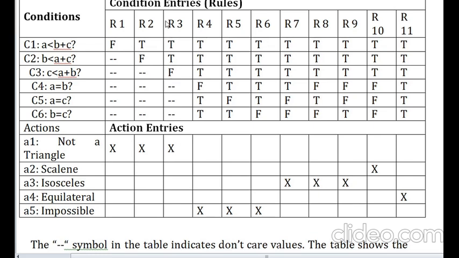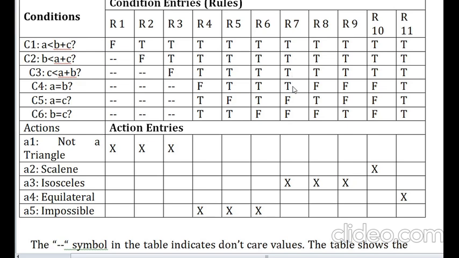We can skip R4, R5, R6, we can explain later. So come to R7: condition 1 is true, condition 2 is true, condition 3 is true. That means C1, C2, C3 are true, so definitely some form of triangle is formed here.